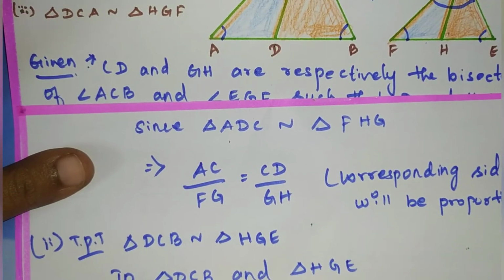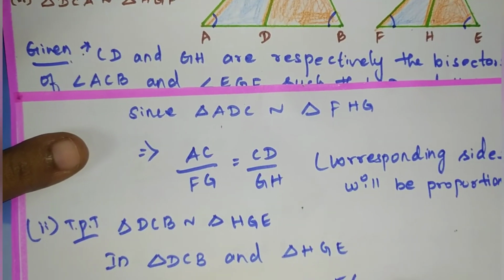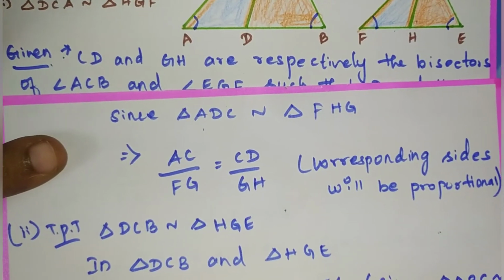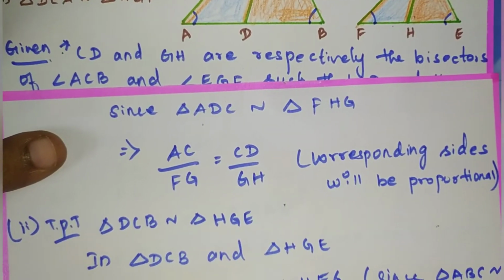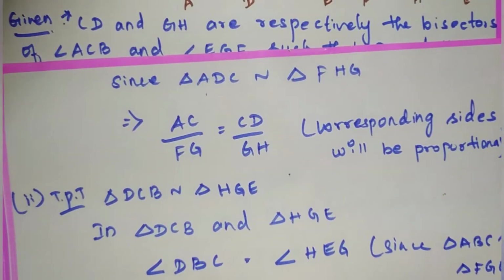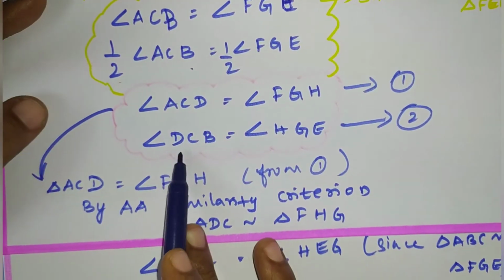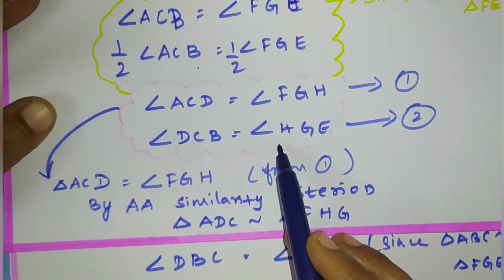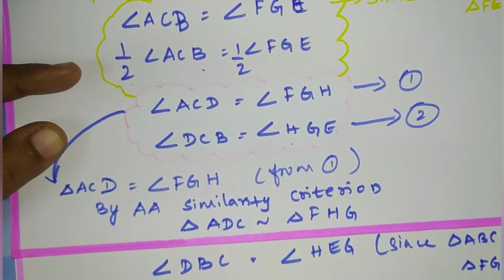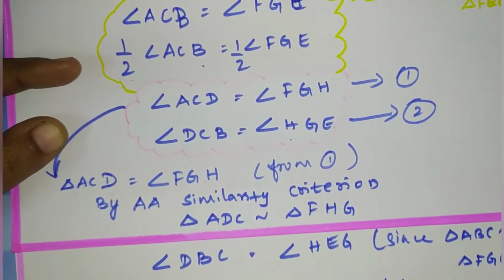Remaining is D, C and H, G. Since triangle ABC is similar to the triangle FGE. Clear? Then we proved that angle DCB is equal to angle HGE. From 2 I can write DCB is equal to HGE from 2.